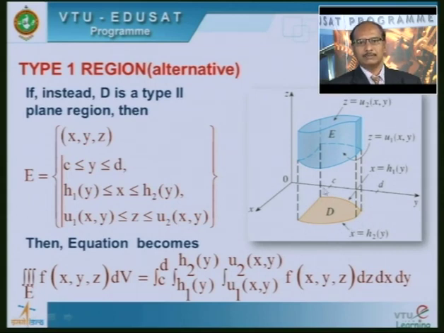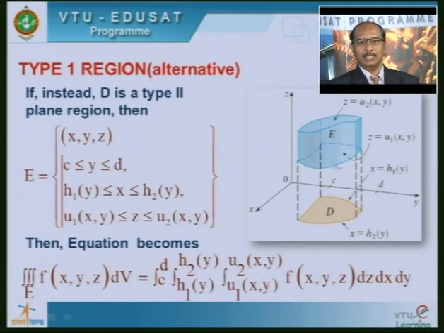So, every region in the xy plane has two sets of limits. One set is where the x limits are constants and the y limits are functions of x. The other set is where the y limits are constants, y equal to c to d, and the x limits are functions of y, say x equal to h1(y) as lower limit and x equal to h2(y). So, there is no change in the z limits.